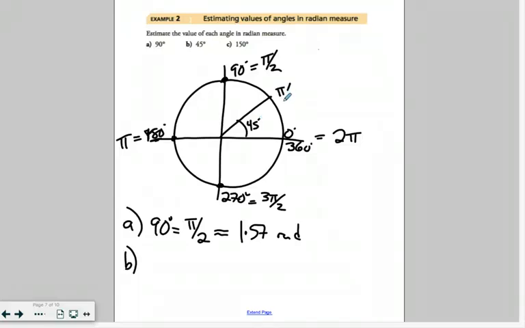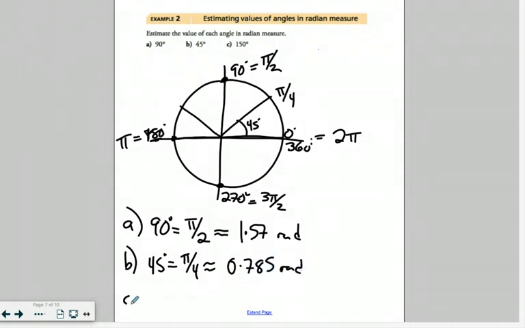So this would be pi over 4. If you're thinking about from 0 to 180 across here as a single pi, and you cut this into 4 pieces, this is a quarter of it. So 45 degrees is equal to pi over 4, which you could calculate as an approximate value of 0.785 radians.